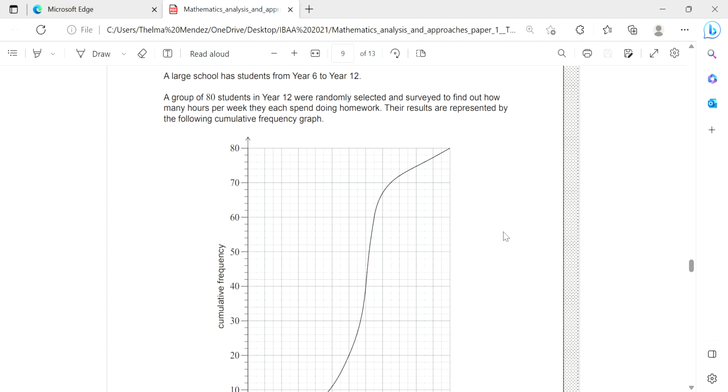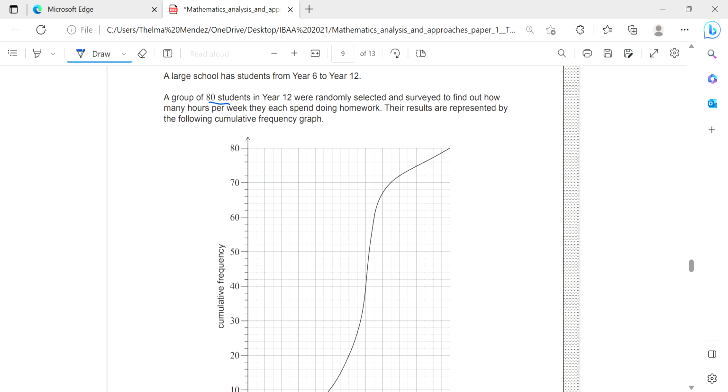Consider this problem. A large school has students from year 6 to year 12. A group of 80 students in year 12 were randomly selected and surveyed to find out how many hours per week they each spent doing homework.